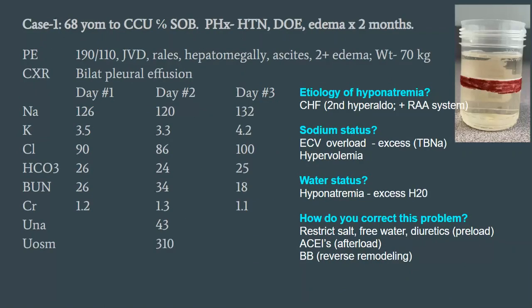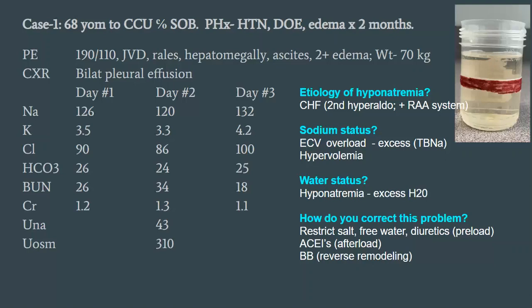This is the classical case of secondary hyperaldosteronism. And so there is decreased, for whatever reason, renal perfusion and a stimulation of aldosterone. Aldosterone kicks in, starts saving all kinds of salt water. And at the same time, ADH gets stimulated as well due to the thirst.